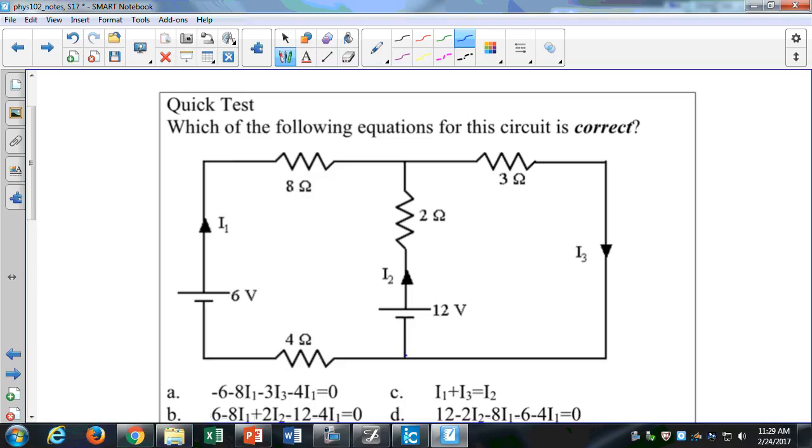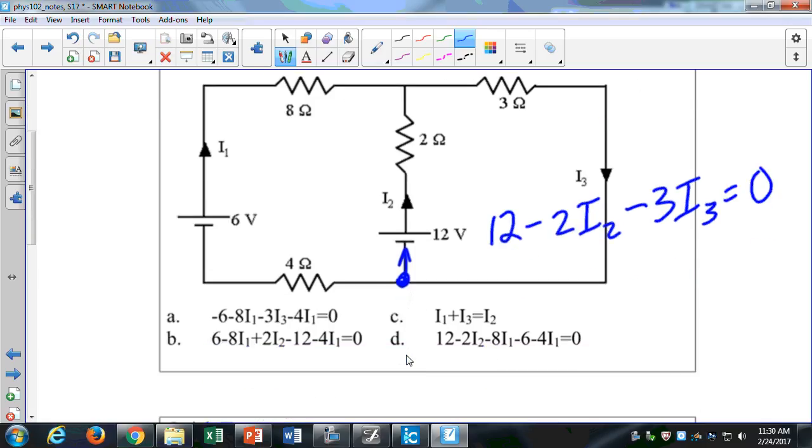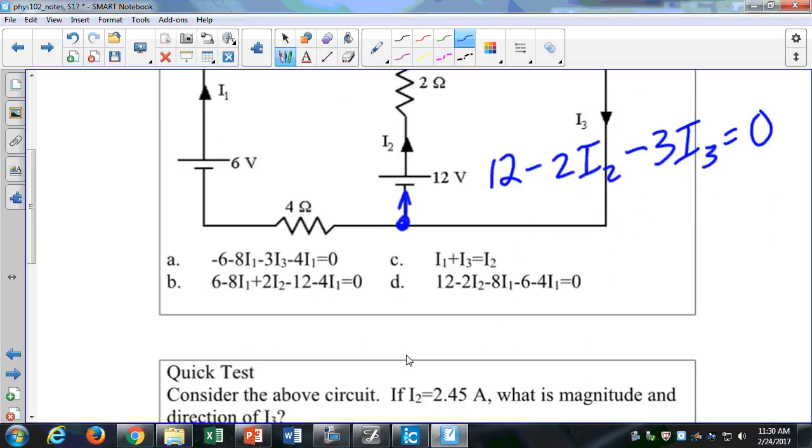Let's just start right here and go in this direction. I have 12 minus 2I2 minus 3I3, that's equal to 0. I2 is 2.45, so that's 12 minus 4.9, that's 2 times 2.45, minus 3I3, that's equal to 0.